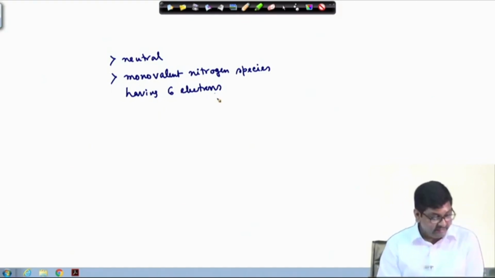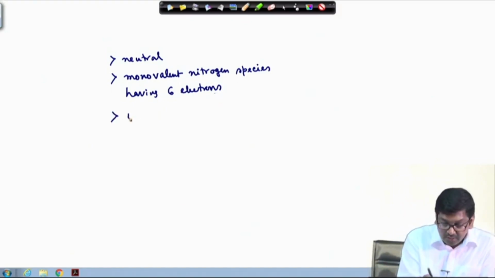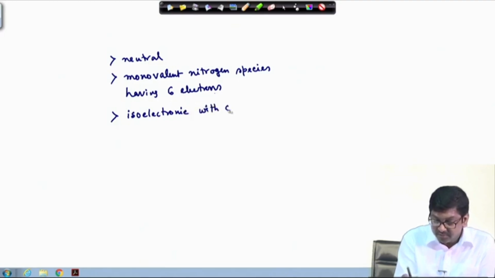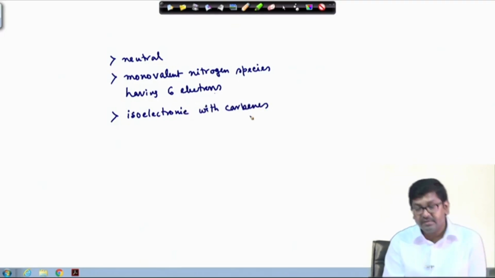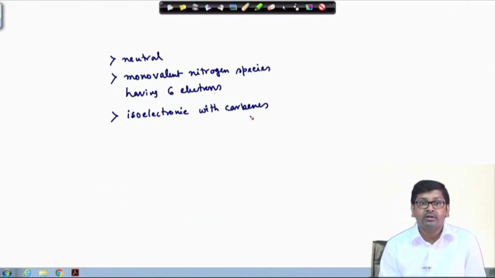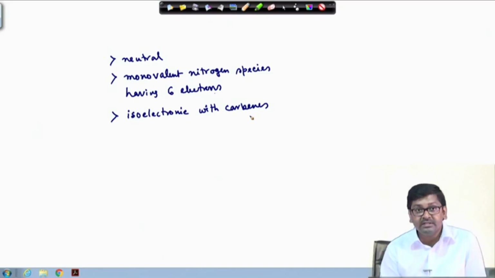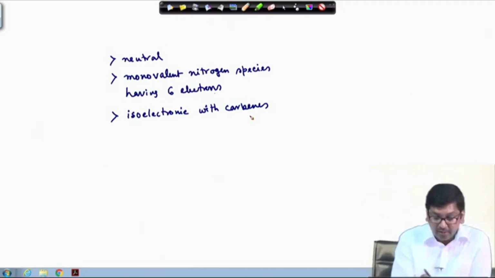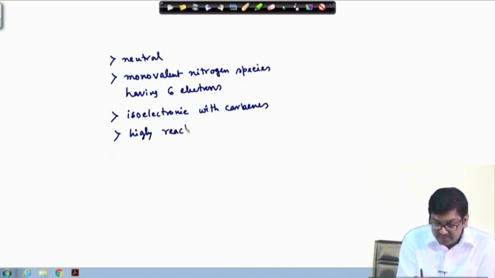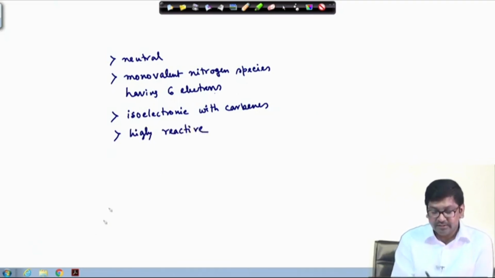Okay. And they are isoelectronic with carbenes, because in case of carbenes also we found they are highly electron deficient species, having only 6 electrons. Similarly, nitrenes are also isoelectronic with carbenes, having these 6 electrons, and obviously they are highly reactive species. Okay.